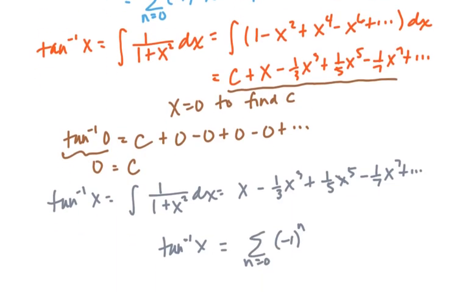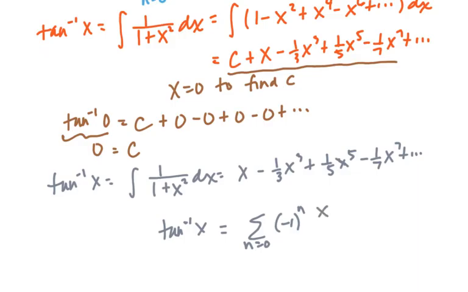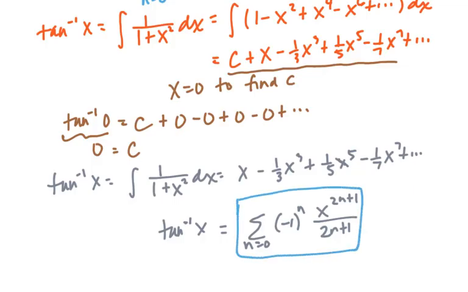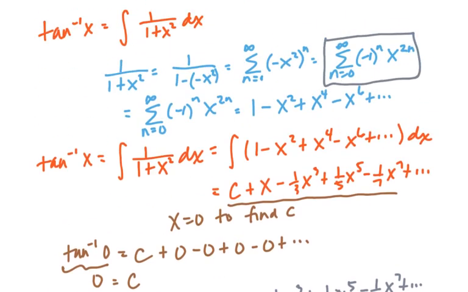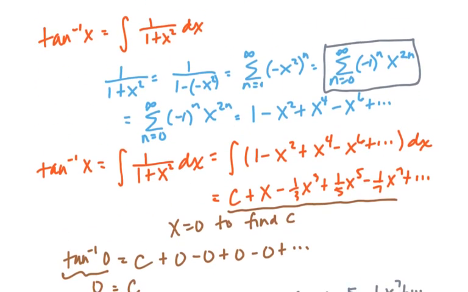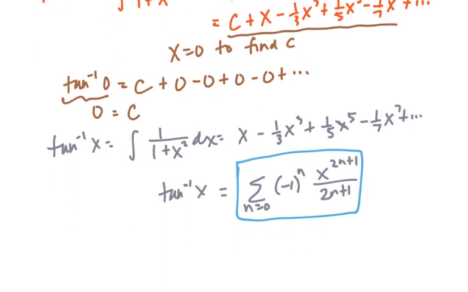And x to the 2n should become x to the 2n plus 1 over 2n plus 1. So you can see how this power series is the integral of the power series above. When we integrate x to the 2n, we get x to the 2n plus 1 divided by the new power of 2n plus 1.